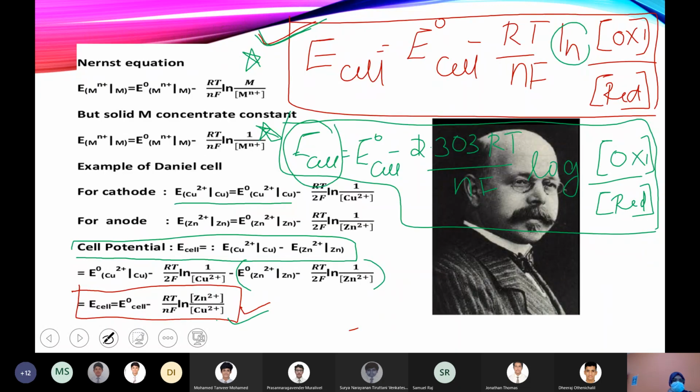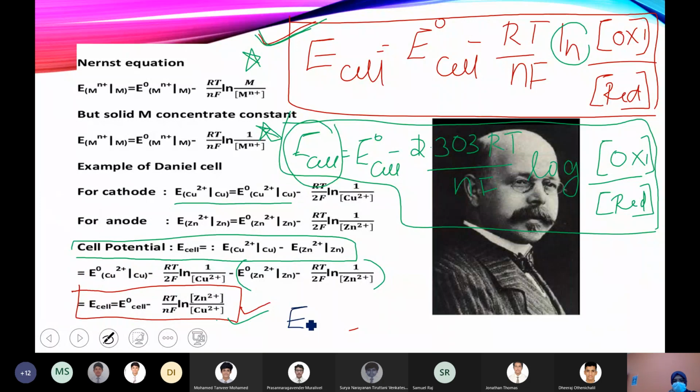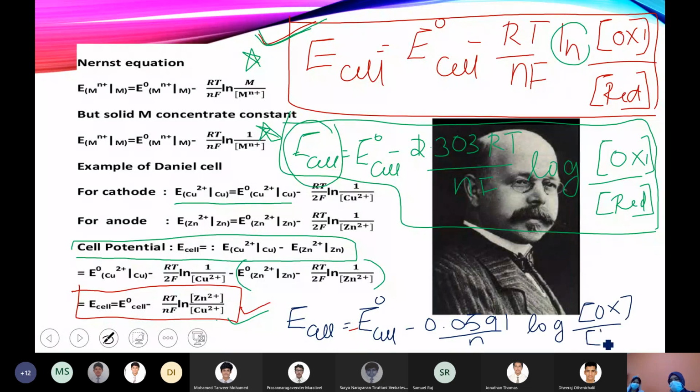The same equation, if you apply the value of R, and T at room temperature, and F is also constant, after putting everything together, the final format will be: E cell is equal to E0 cell minus 0.0591 by n log of the concentration of oxidized by the concentration of reduced.